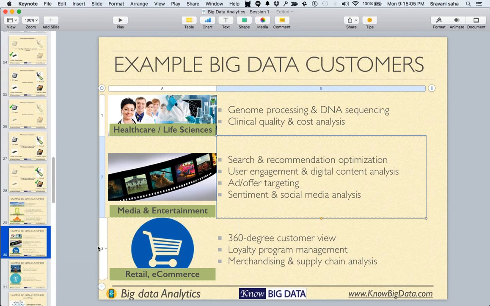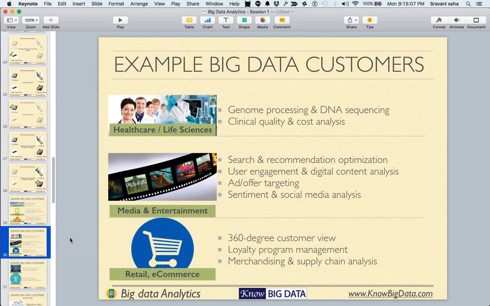So sentiment analysis and social media analysis. Along with that, probably retail and e-commerce is the one that has done a great, wonderful job in case of big data analytics, starting with the recommendations and starting with a 360-degree customer view. They can do a lot of things by just analyzing big data.